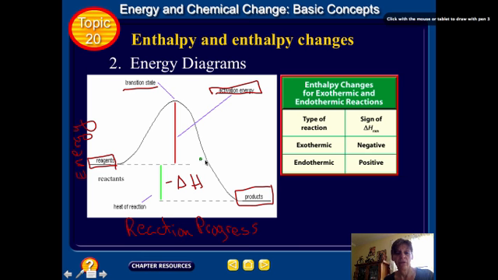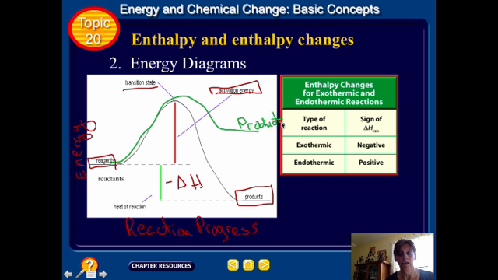If, however, the products ended up with more energy, our delta H would go from here to here, products would be higher, and so we would have a positive delta H. So for an exothermic reaction, we call that a negative delta H. And for endothermic, we call it a positive delta H.